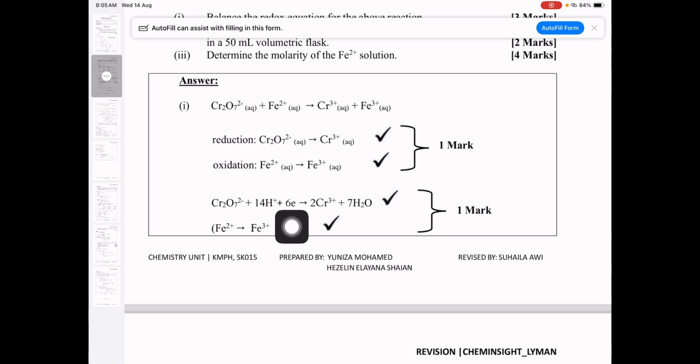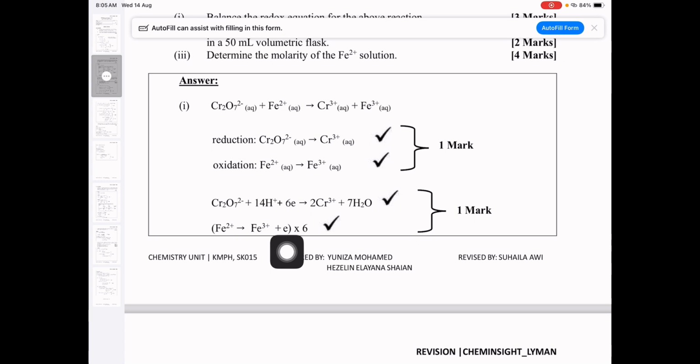Okay, for reduction, so this is the equation, dichromate ion plus 14 H+ plus 6 electrons produce 2 Cr3+ and 7 H2O. Okay, so for ferrous is oxidation. So Fe2+ produces Fe3+ plus e-. So now we want to cancel out or eliminate the number of electrons.